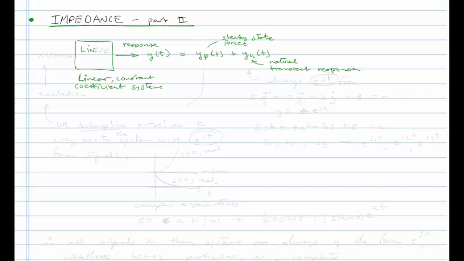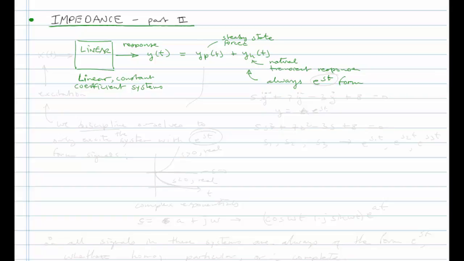But what is particular to the linear system is that the homogeneous response is always of the e to the st form. Always. Now we haven't proved that yet, or we won't actually prove it in this class, but we have observed it in the first order systems and the second order systems.